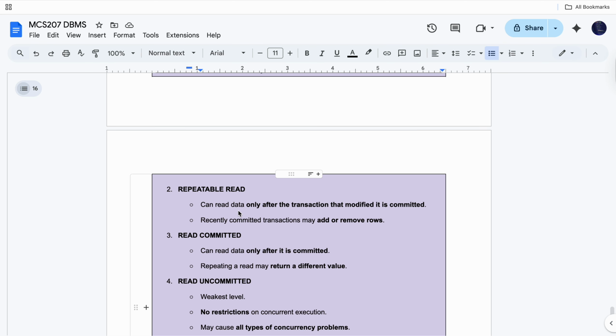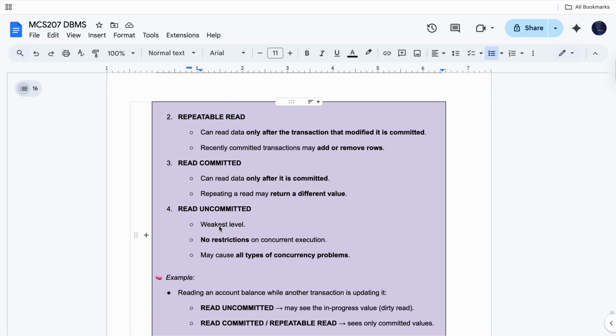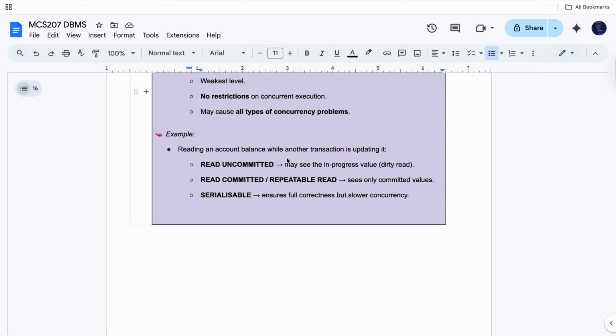Repeatable read can read data only after the transaction that modified it is committed. Read committed can read data only after it is committed. Read uncommitted is the weakest level, with no restrictions. For example, reading an account balance while another transaction is updating it: read uncommitted may see the in-progress value, while read committed sees only committed values. Serializable ensures full correctness but slows concurrency.